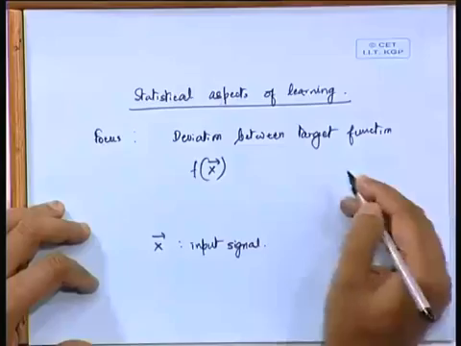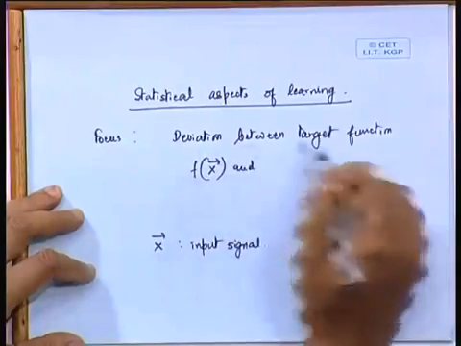So, f of x vector is defined to be the target function, and how are we achieving that function? We are not exactly realizing that function. We are only using a neural network, and in that neural network we are feeding a set of inputs, that is again the x vector, and we are realizing an actual function.